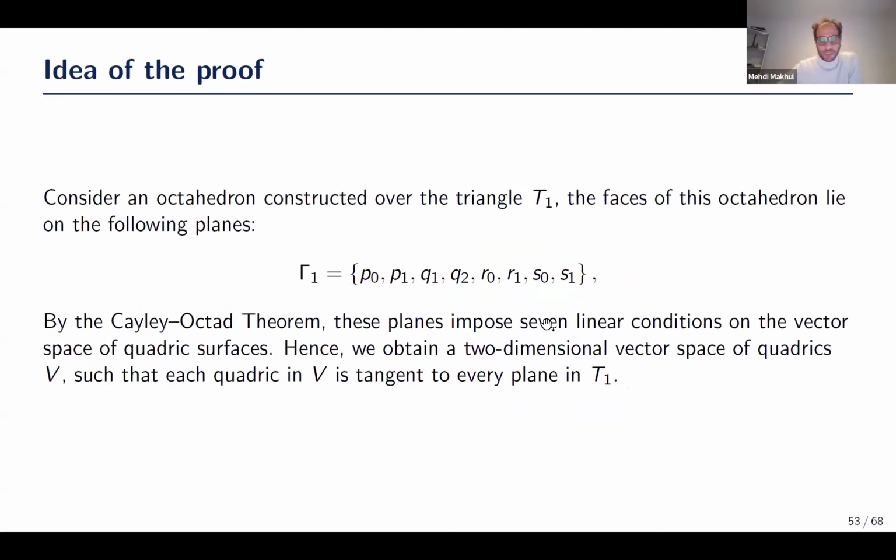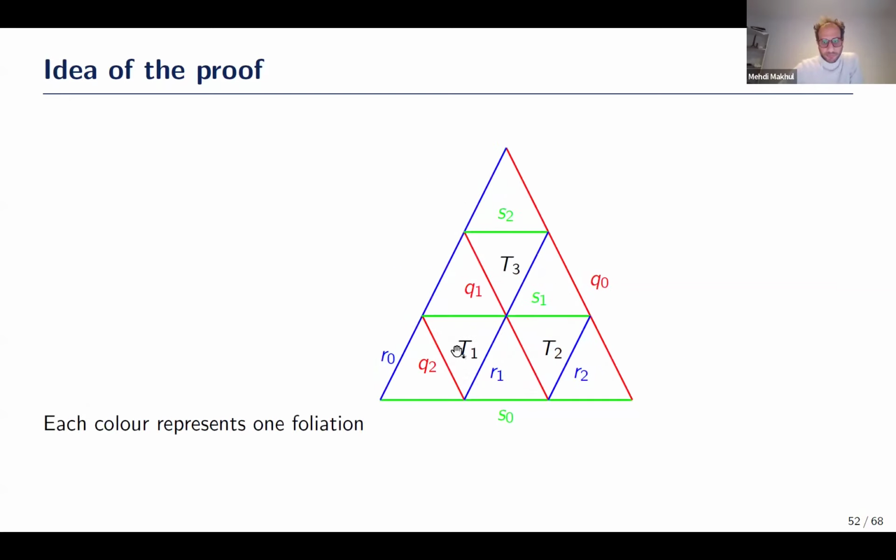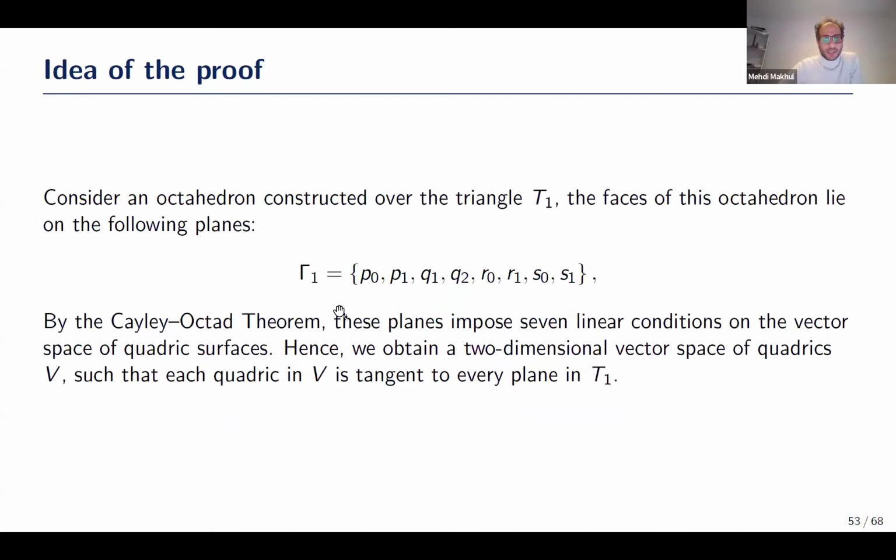So I just write down here: I had a triangle, I construct an octahedron there, and the faces of this octahedron lie on these planes. By Cayley-Octa, we know that if a quadric surface is tangent to 7 of them, then it must also be tangent to the 8th.